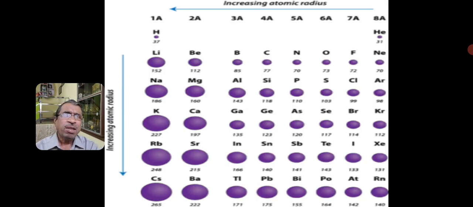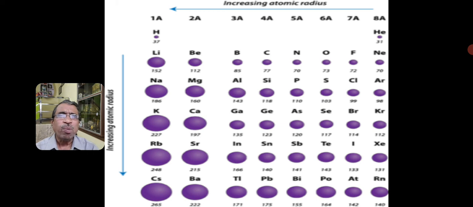Yes, this slide shows that when we move from left to right in a period, that is from S block to P block, the atomic radius decreases. Lithium has 152 picometer, whereas neon has 70 picometer.